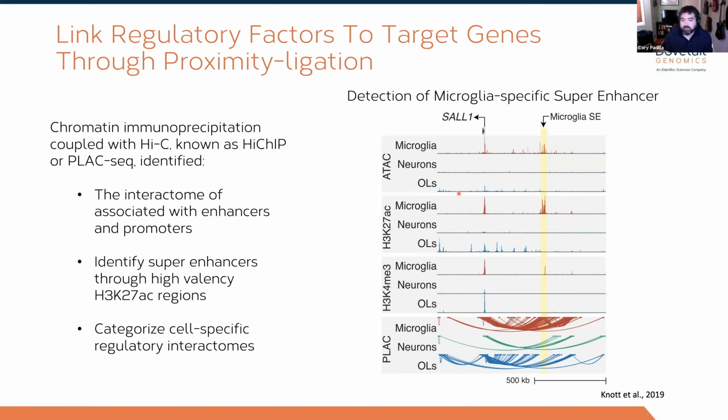And what they were able to find here is that in microglia, they found this really accessible region of the chromatin that is almost 500 kilobases downstream from this gene here. And then when they look at the enhancer signal, they see that this open region is associated with an enhancer.